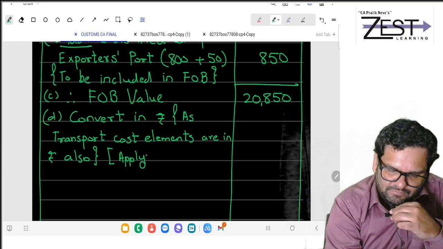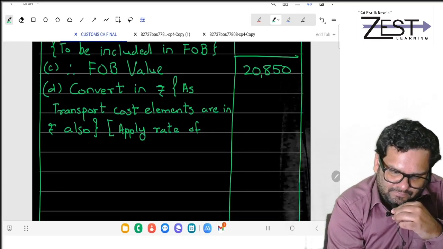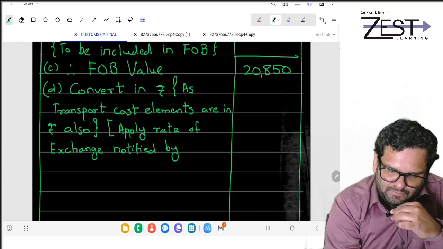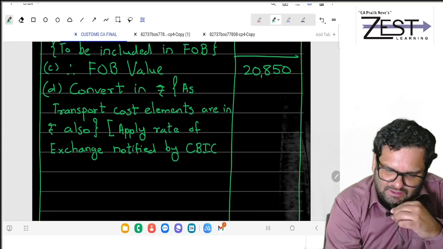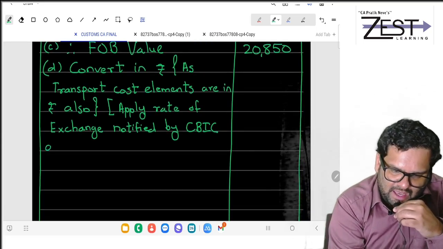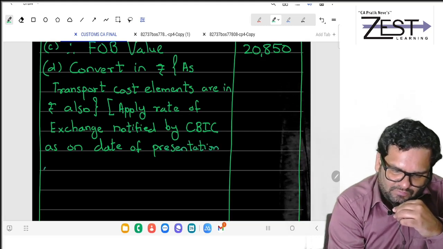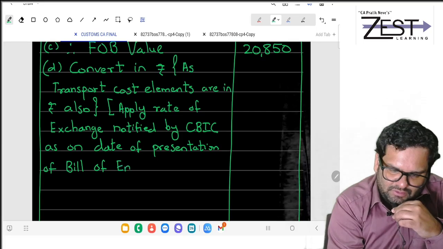Apply rate of exchange notified by CBIC as on date of presentation of bill of entry.